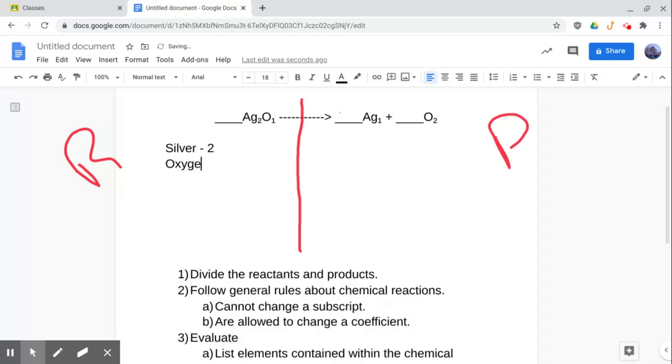Continuing on, on the reactant side, there is a 1 as a subscript, so there is 1 atom currently. Going over to the product side, we have a subscript of 1, so we have 1 atom of silver on the product side.